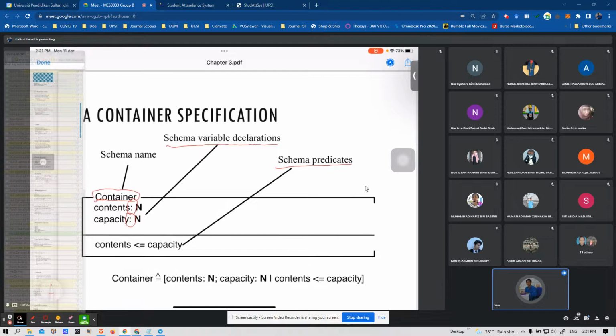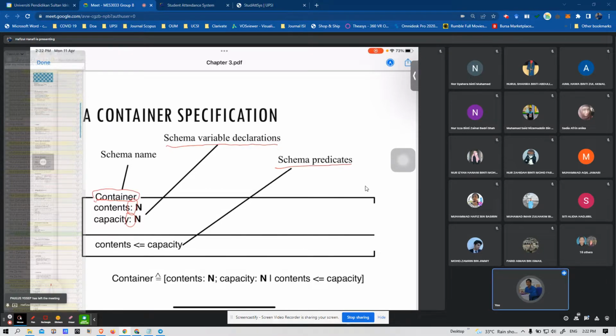Okay, for naming the schema, we may give a name to the schema and use the name to refer to the corresponding pattern or declaration, and also the constraint. The definition is name equivalent to exp, which must be a schema expression.